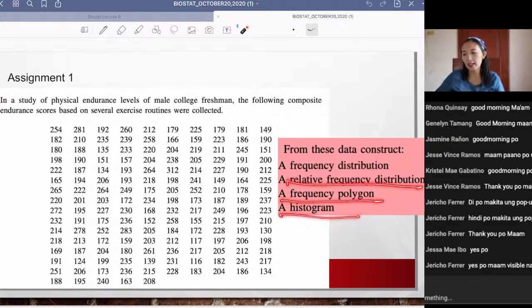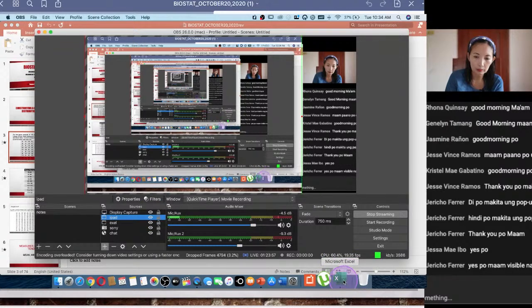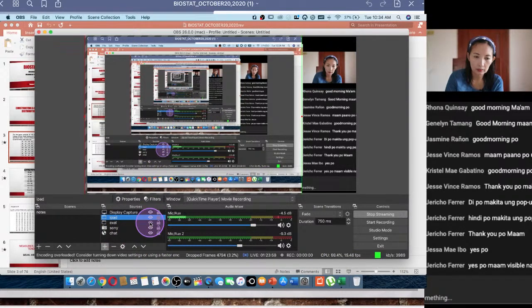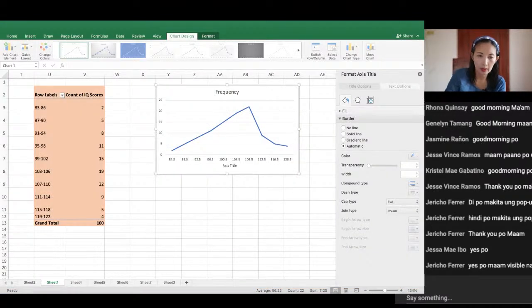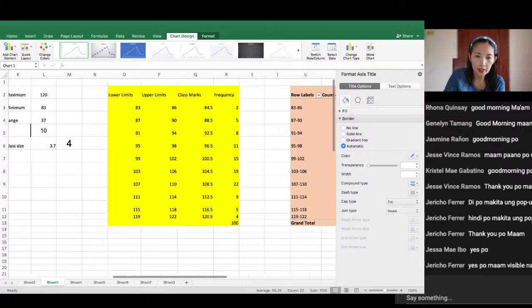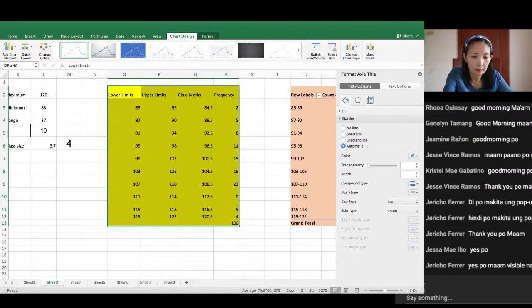By the way, what is a relative frequency distribution? I think I failed to mention it. We just add a column for relative frequency, let me show you. I think this is quite glaring.